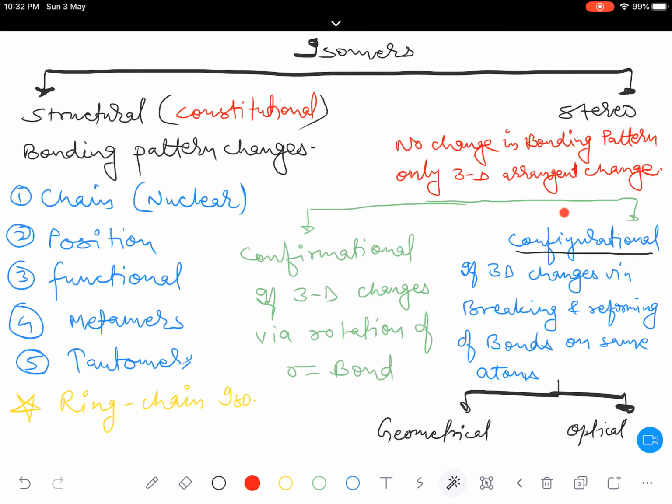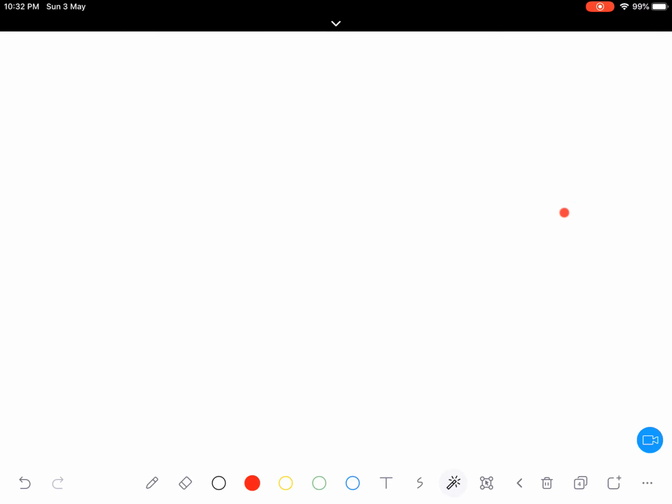Okay, so let's take structural isomerism. I start with the definition of structural isomerism, and then in the categorization part we will understand how to differentiate different structural isomers. Okay, structural isomers, as we have already defined, the definition will start with the same molecular formula, right?